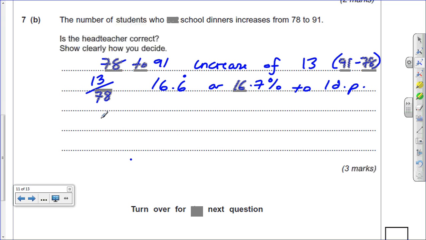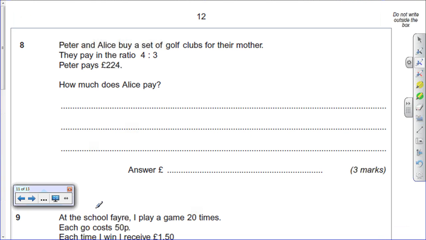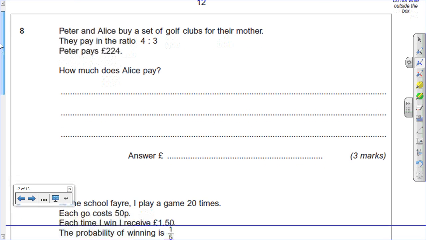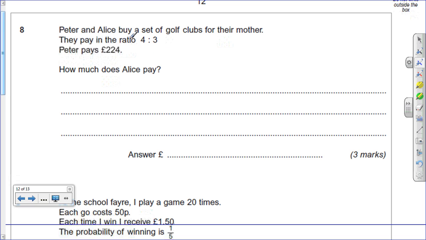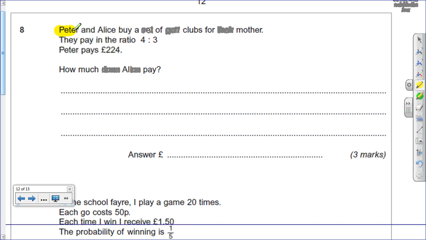Alice gets, the information we want about Alice is this. The other bit of information with the same units, in this case shares, is 4. And what bit of information haven't we used? 224.